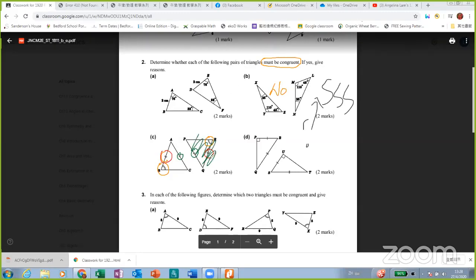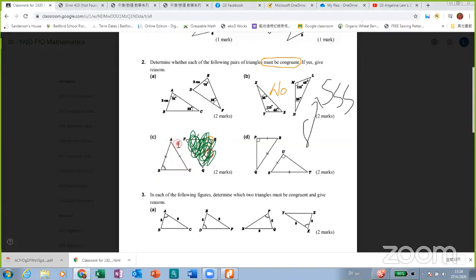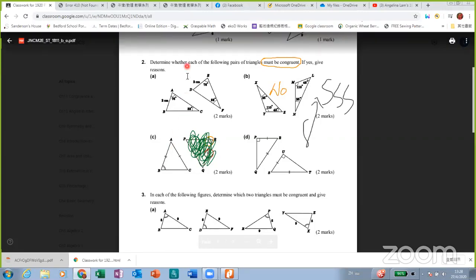Now, therefore, in this case, if I don't look at this one, if I ask you to draw another triangle with this information, then I can do something like that. Imagine, let me get the pen. I have this length, I have this angle, but I can have AC somewhere here.